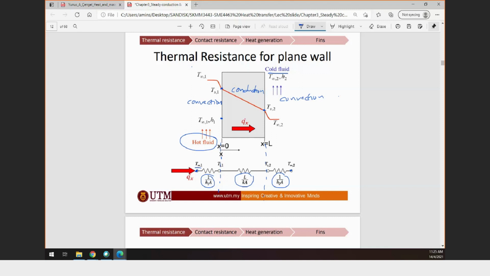Okay, so basically the thermal resistance can be indicated by this diagram, where you have the temperature difference due to the difference in resistance. So basically you have one resistance due to the convection, second resistance due to the conduction, third resistance due to the convection in the cold side.